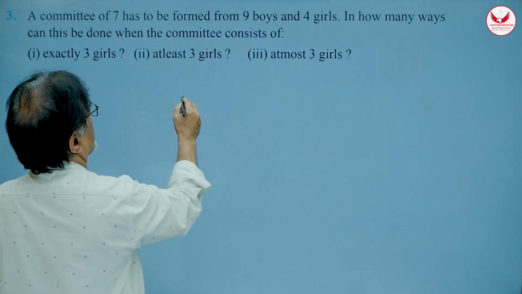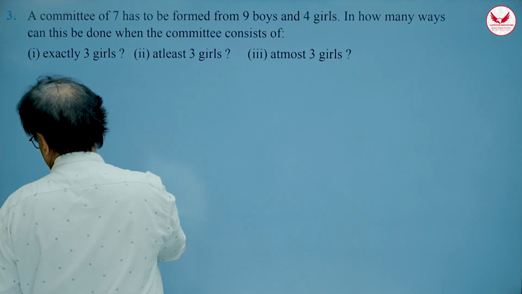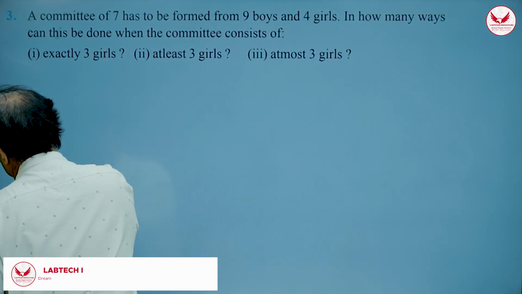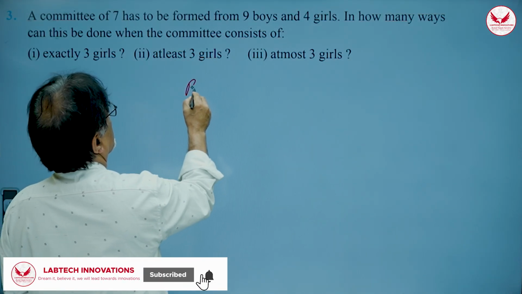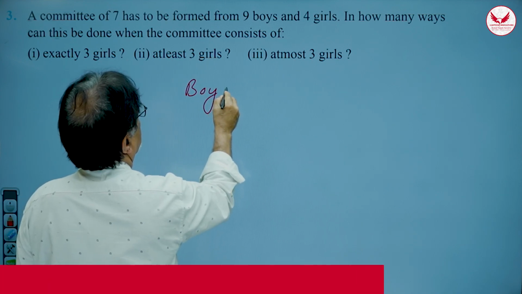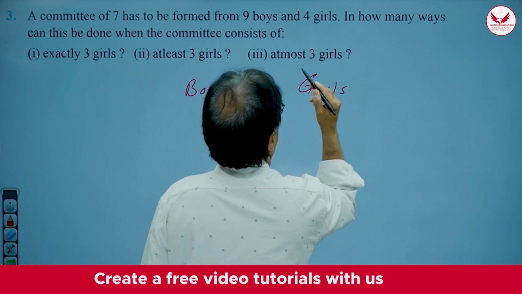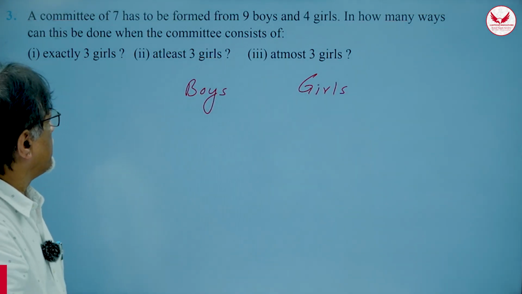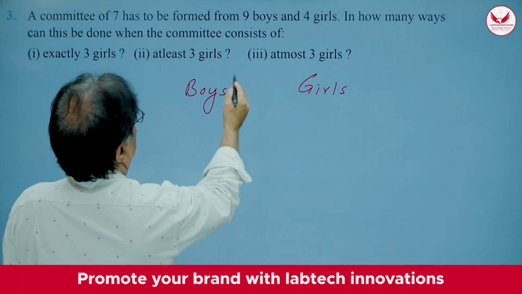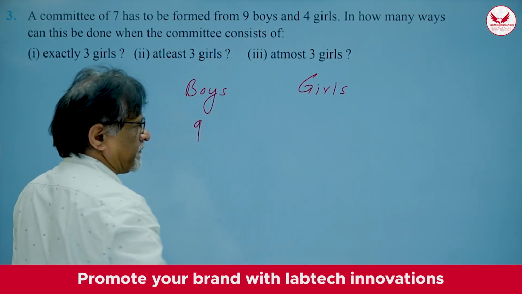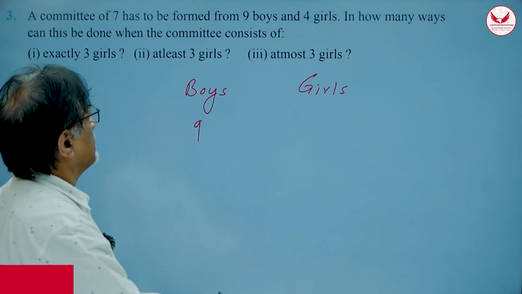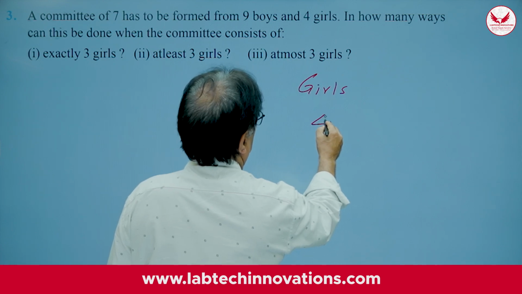So how many boys are there? So let us write down the number of boys and girls. The number of boys is 9, it's given there. And how many girls are there? 4.